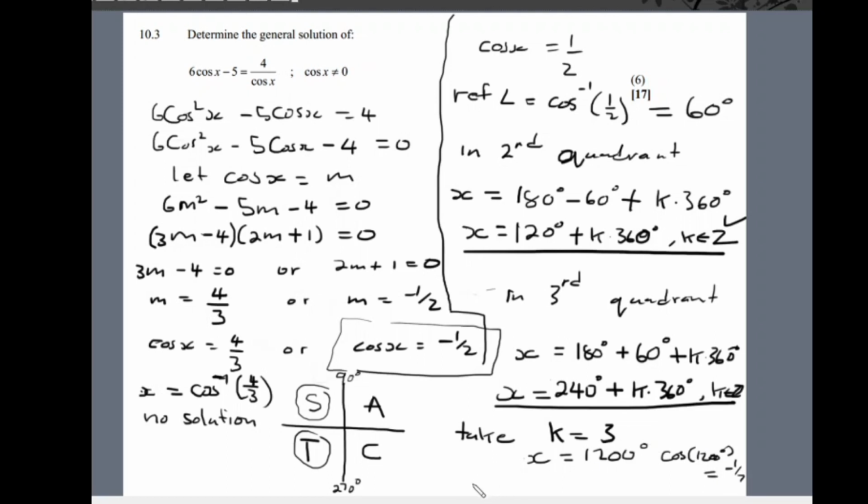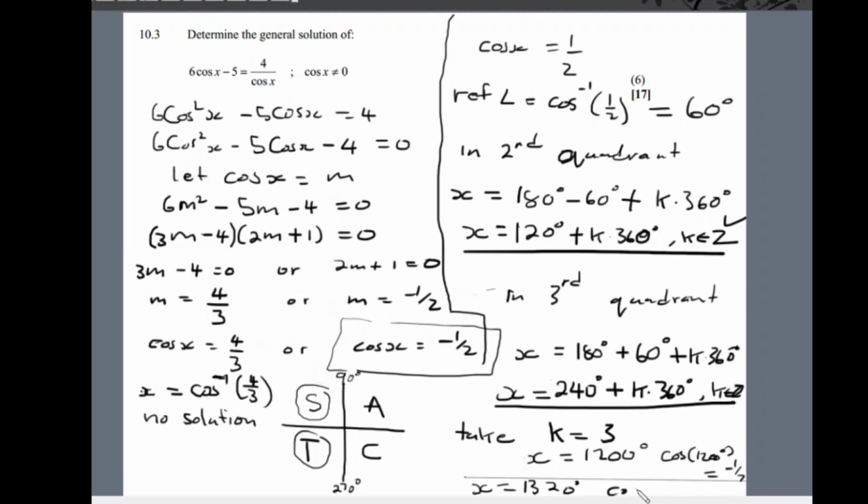And then for the third quadrant solution, if k is equals to 3, uzothola x will be 240 plus 3 times 360. Uzothola x will be 1320 degrees.